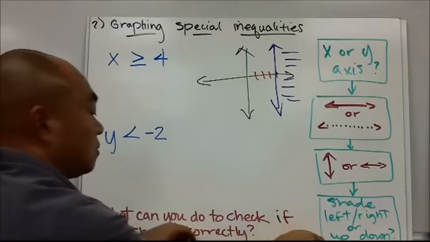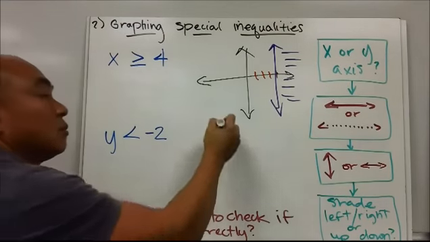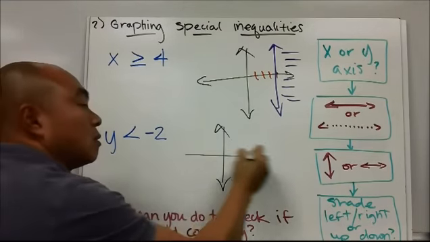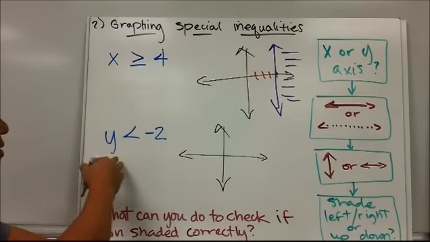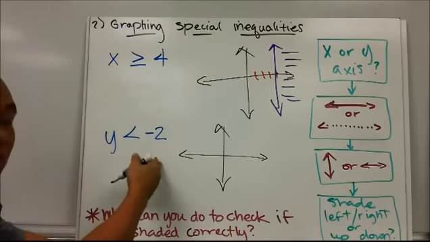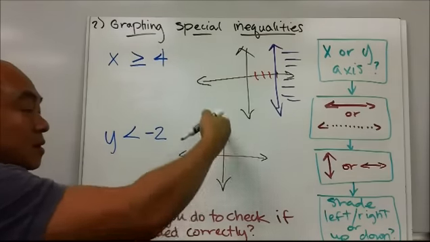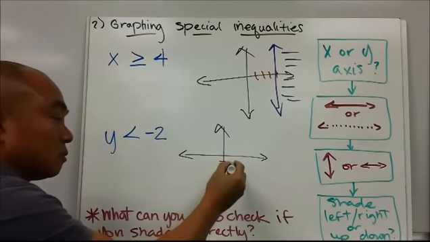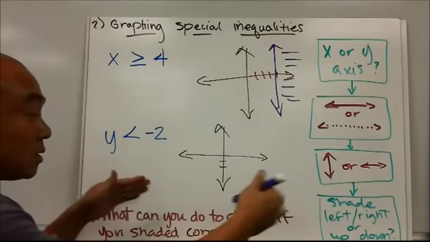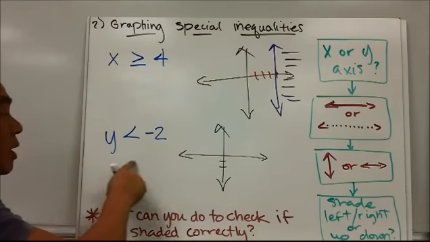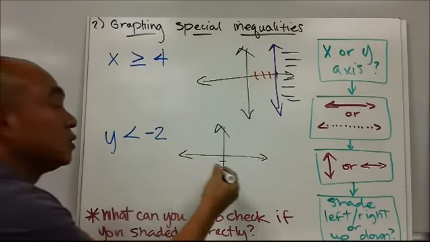Okay. Alright, let's do this one as well. And again, when you graph this one, it's similar to graphing y is equal to -2, which means you're going on the y-axis and you're going to go down to -2, and you're going to go ahead and create that horizontal line, because every single value of y is going to be -2.